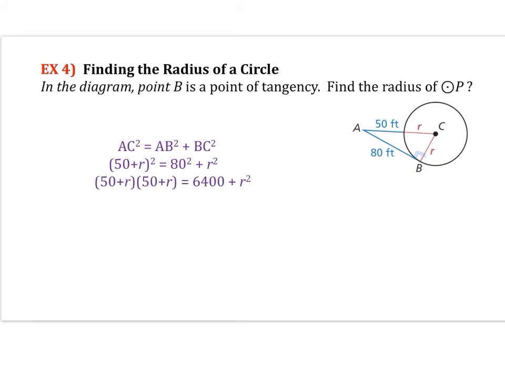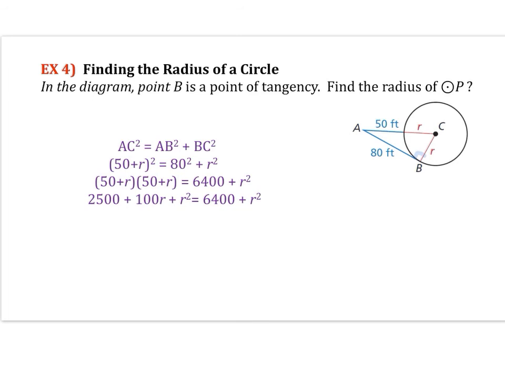Make sure you expand so that you see both expressions, because this means you're going to have to FOIL or double distribute. So you end up with 50 times 50, and then 50 times r plus 50 times r again, plus r squared. So this results in 2,500 plus 100r plus r squared equals, and then 80 squared is 6,400 plus r squared.